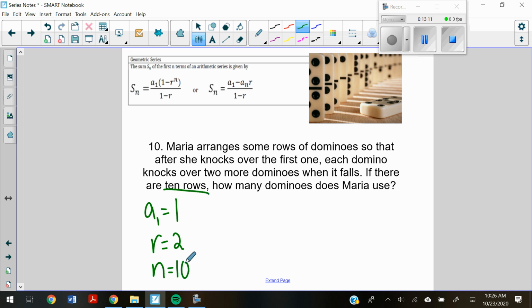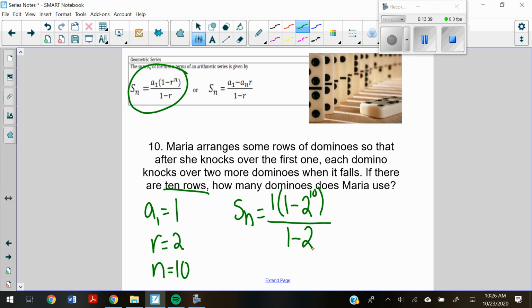So n is 10. All right, if we look at what we're given, we're going to use the first formula because we don't have our last term. So our sum equals a sub 1, our first term, times 1 minus our ratio, 2, to the n, so to the 10th power, all over 1 minus your r.